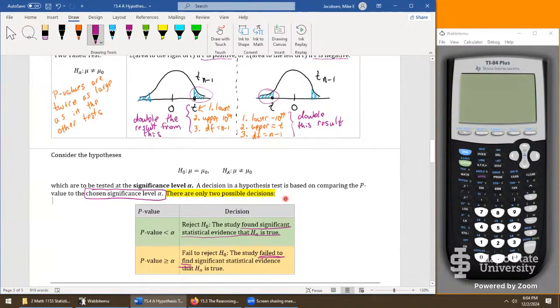In either case, the big warning is always, we never make a conclusion that says H naught is true. That's the really unfortunate thing about hypothesis testing. Sometimes the null hypothesis is the statement that people want to find evidence for, but you can't do it with this format at all.